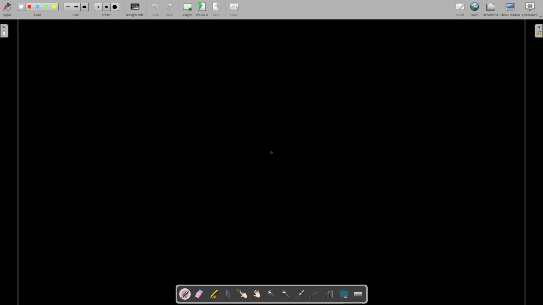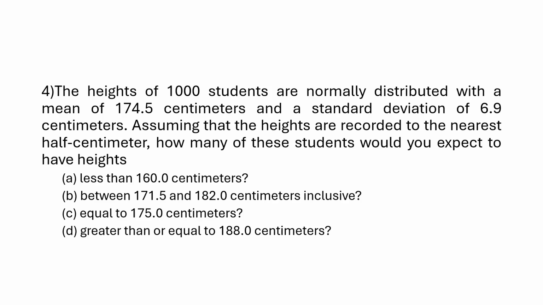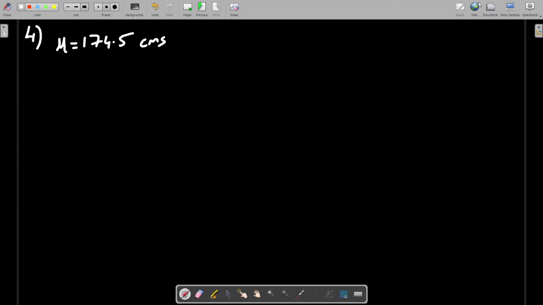So number 4. It's given that the mean is 174.5 centimeters and sigma, the standard deviation, is 6.9 centimeters.